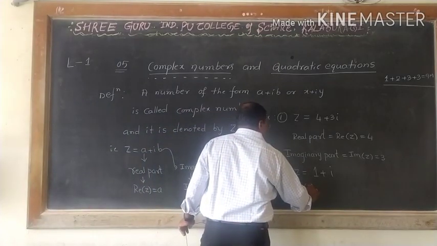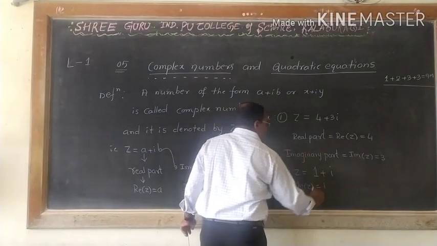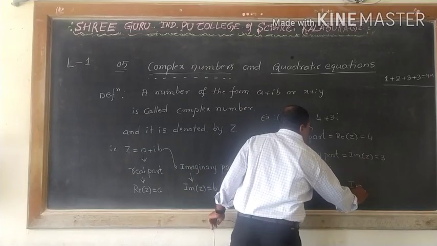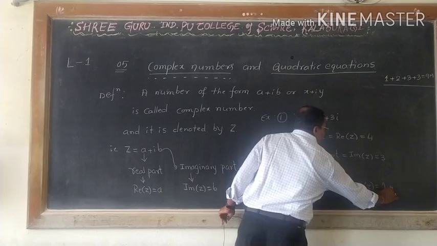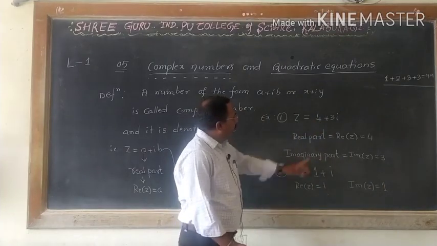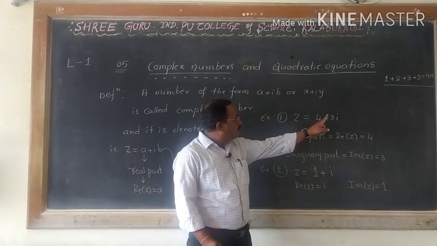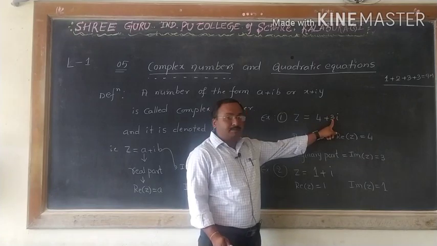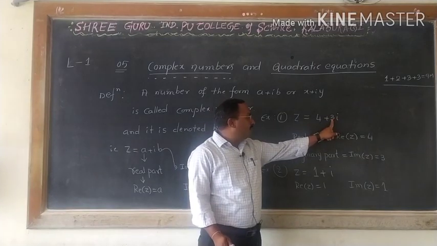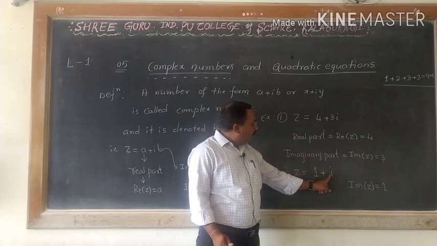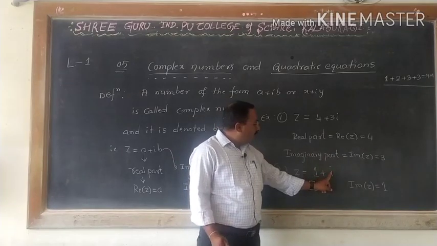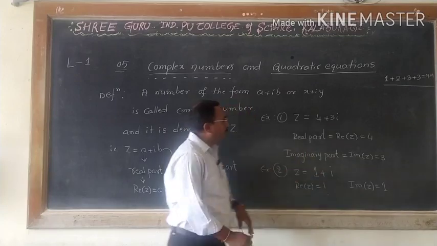Real part of z is equal to 1, imaginary part of z is equal to 1, because in the earlier example the real part is 4 and the imaginary part, where i is present, is 3. Here the real part is 1, and for the imaginary part, if there is no number, it is 1.